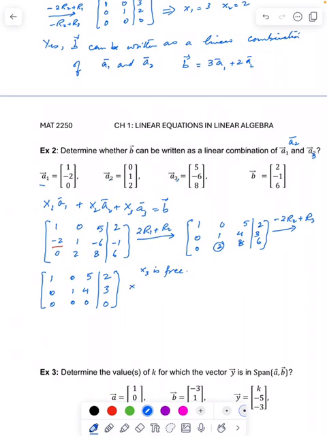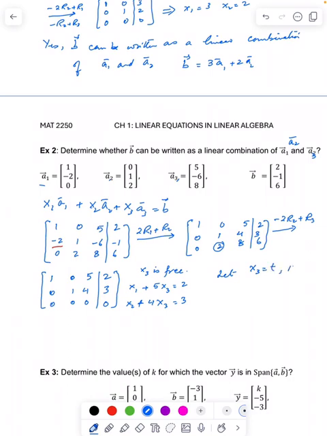We can write the equation as x1 plus 5x3 equals 2, and x2 plus 4x3 equals 3. Now we will say let x3 equal t.